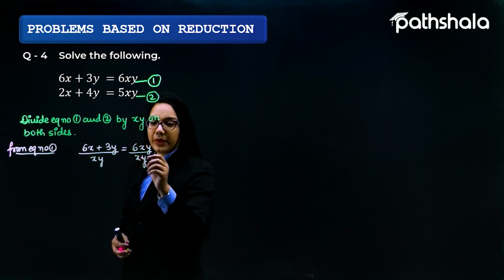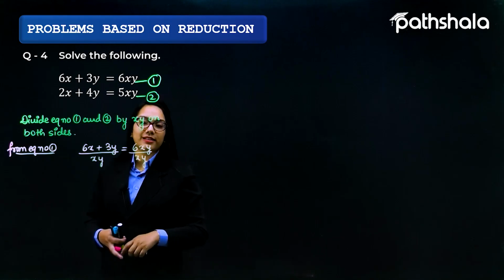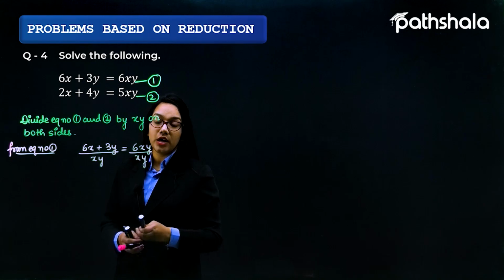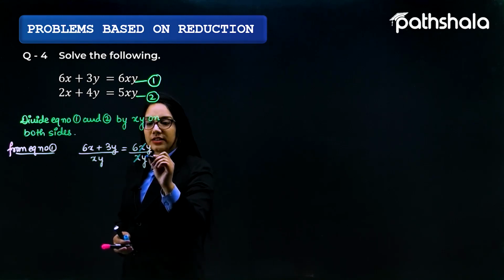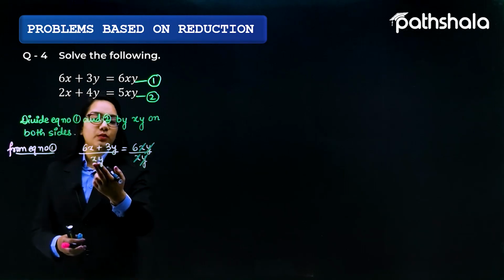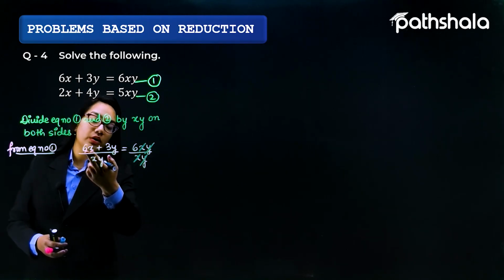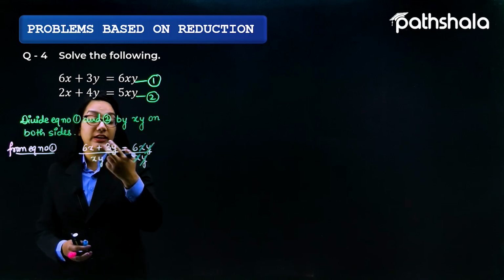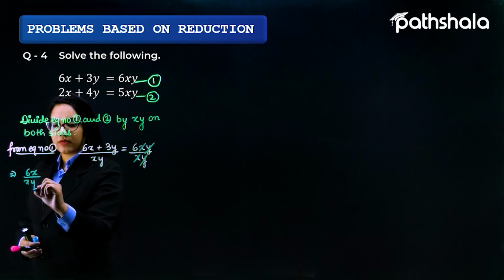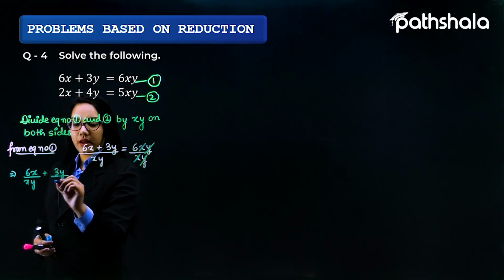So as we can see, x and y get cancelled with each other. So if we are cancelling x and y together, x gets cancelled with x, y gets cancelled with y, and now we are distributing this xy first of all with 6x and with 3y, as we can write this equation as nothing but 6x by xy plus 3y by xy.